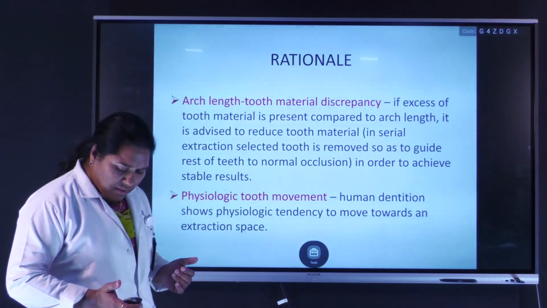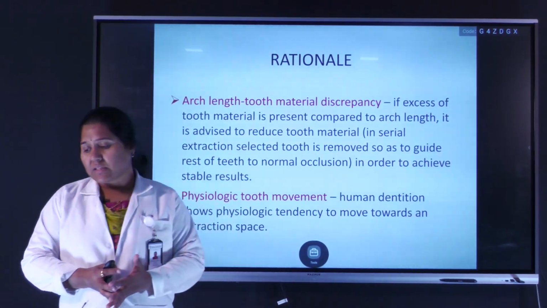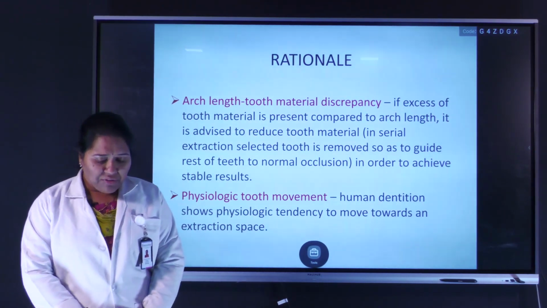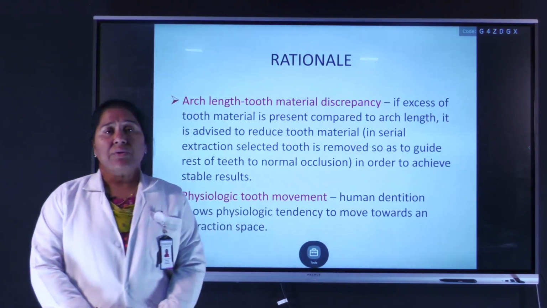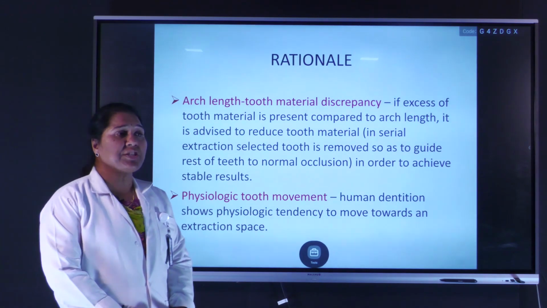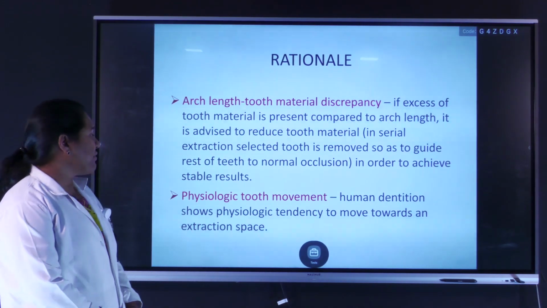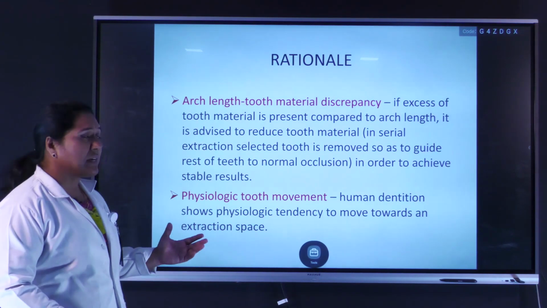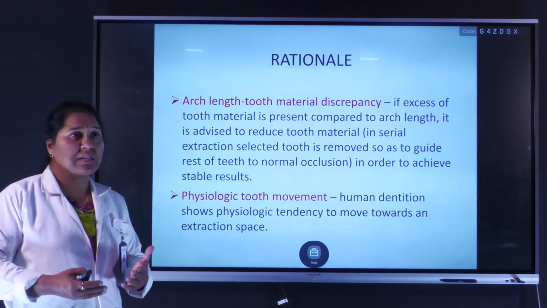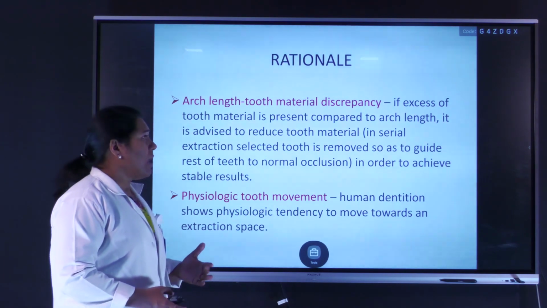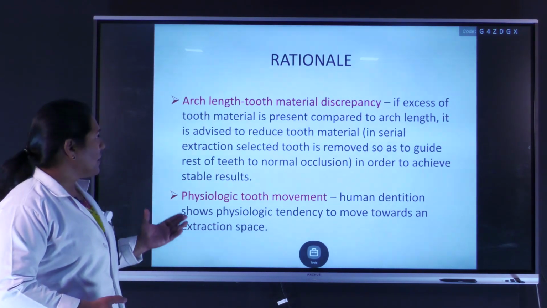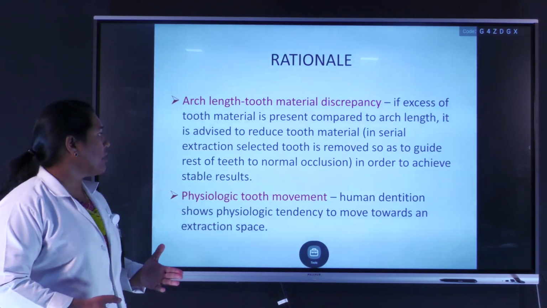Which cases are considered for serial extraction? As an orthodontist, we should be able to know which case has to go for serial extraction. For that, you have to see certain markers, like arch length tooth material discrepancy. What is it?